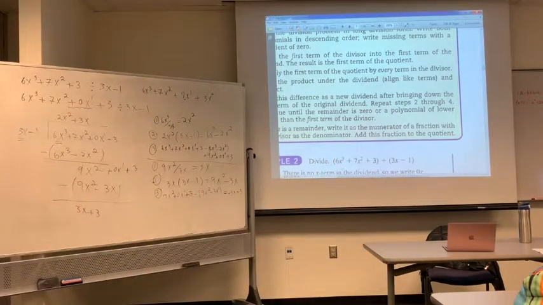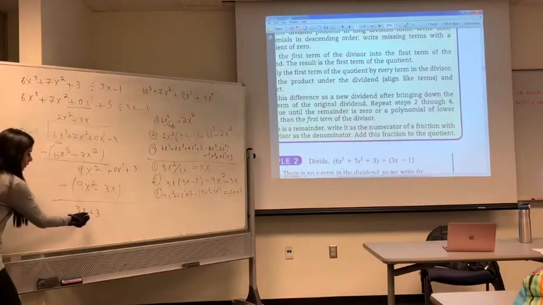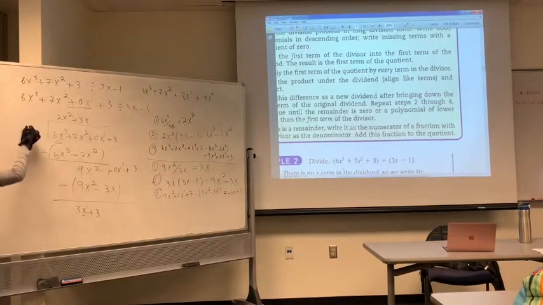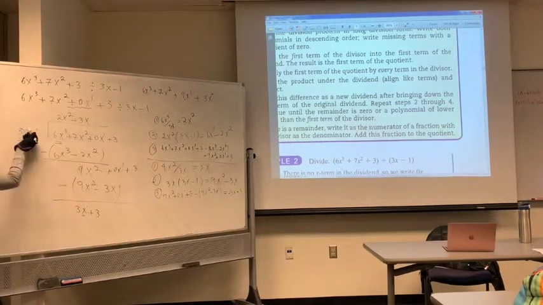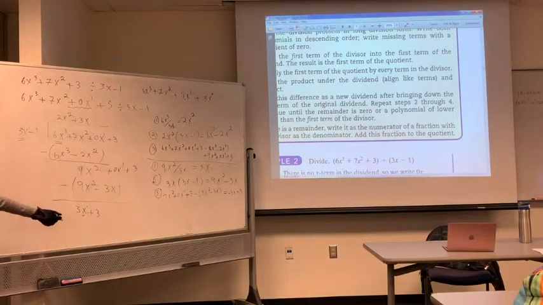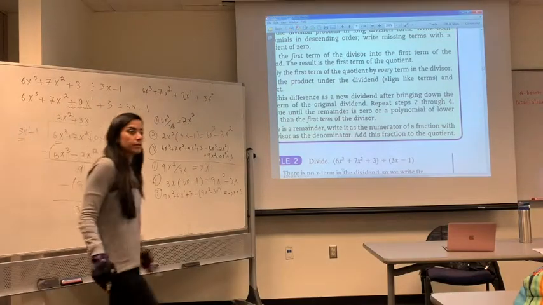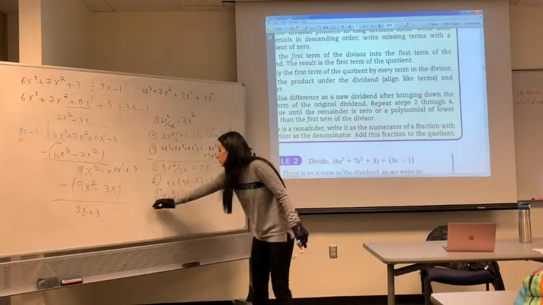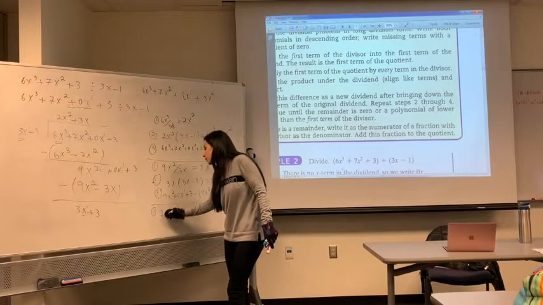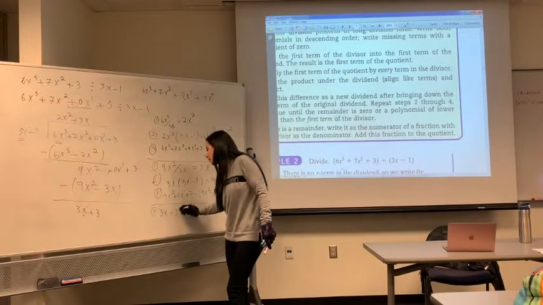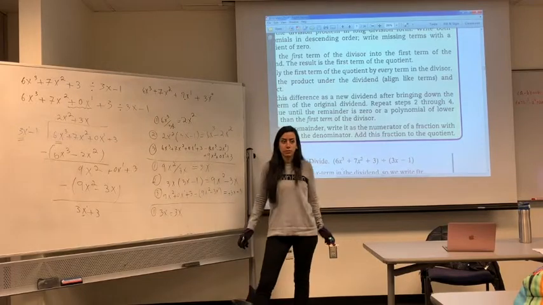So shall I continue? Yes, because this one has power 1 and this one is power 1, so this one is still not less than this power. We should continue until we don't see any x. So now we divide this by 3x, right?